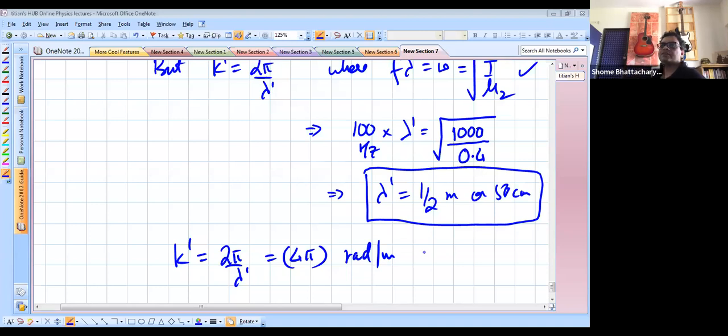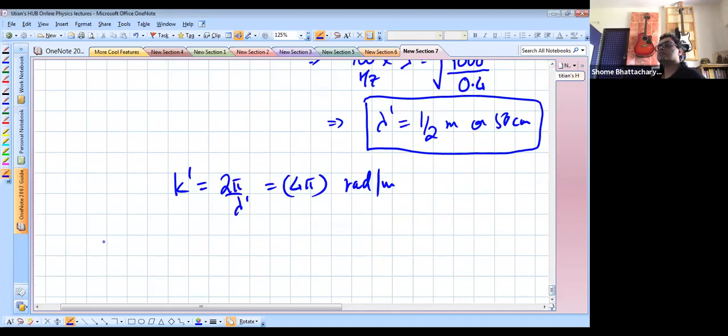Okay, so your reflected wave is like this. It's having a different k. So the equation of the reflected wave was like this. Sorry, the transmitted wave was like this.